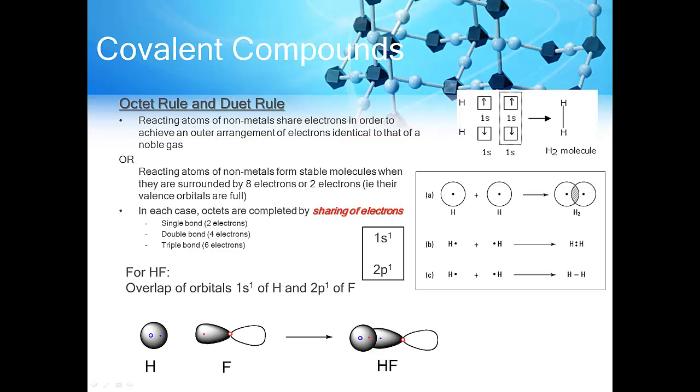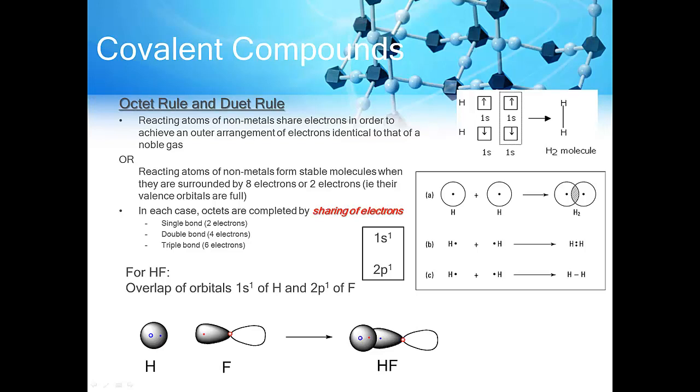So now the fluorine effectively thinks that it has the electron arrangement of neon, and the hydrogen thinks that it has the electron arrangement of helium, if you like to think of it that way. Okay, so the hydrogen is now surrounded by two electrons, and the fluorine is now surrounded by the 8 electrons that it wants. So in this way, it can be said to be forming an octet.